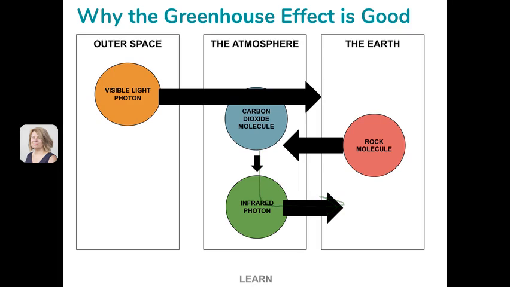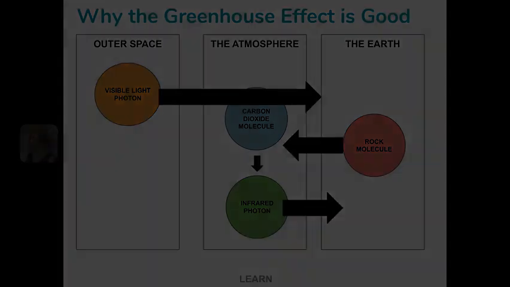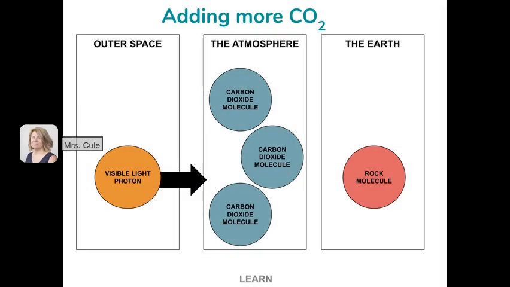That is really important for our survival. However, what we are seeing is that there are more carbon dioxide molecules and other greenhouse gases in the atmosphere than what we have had for years and years and years.